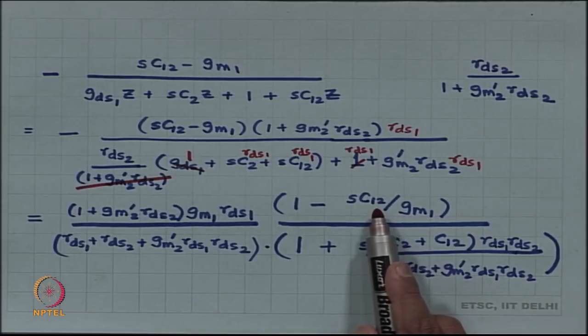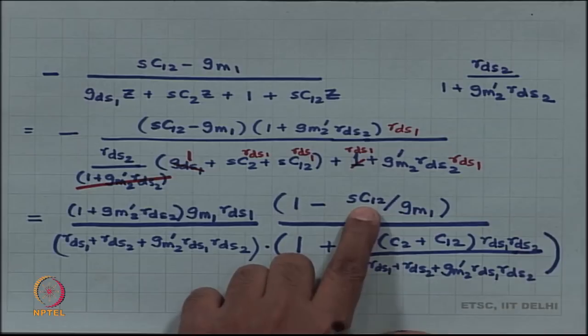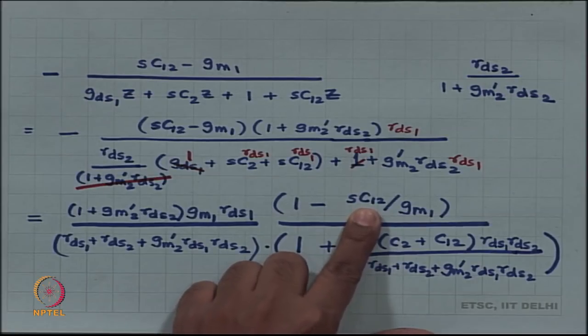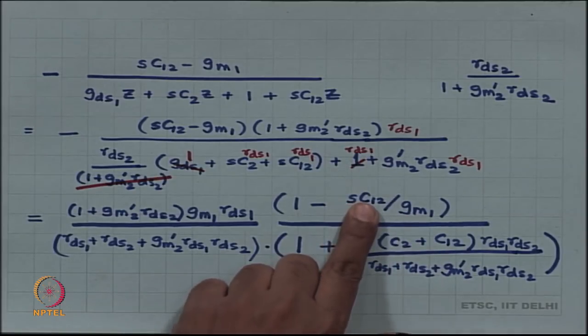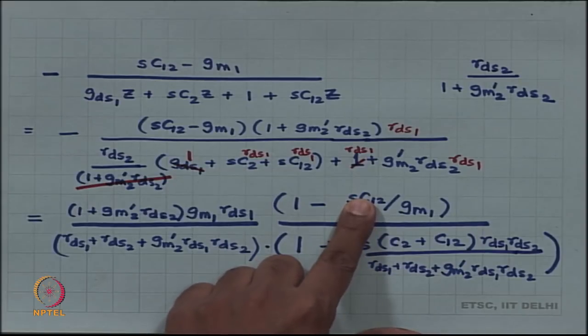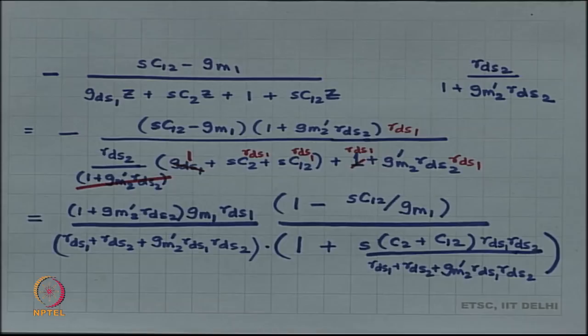See C12, you see it is just C12, the location of the 0 is GM1 divided by C12. Okay, that is the location, the frequency at which the right half plane 0 is, it is at GM1 divided by C12. Okay. So, if C12 had been 0 for example, then this would have been at infinity, basically it would not have been there.